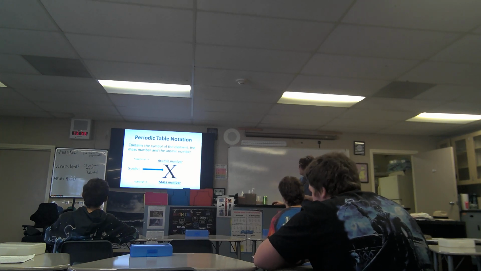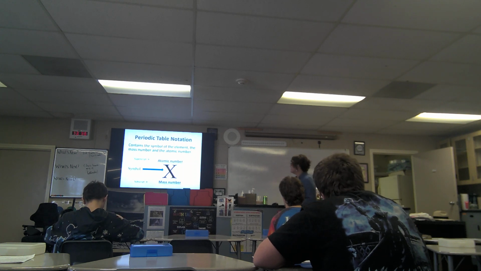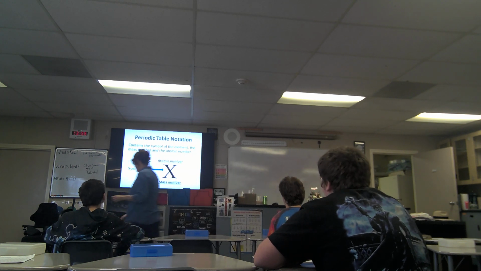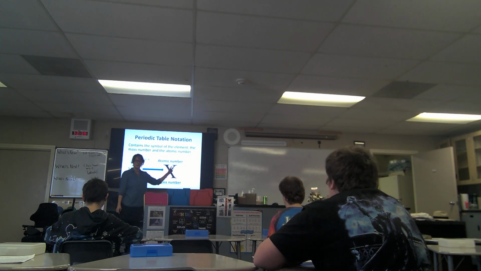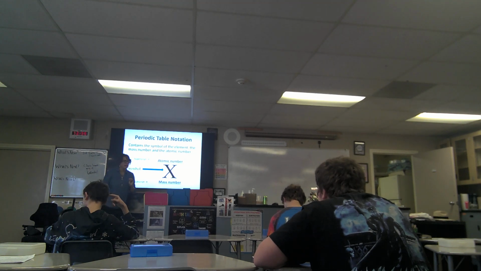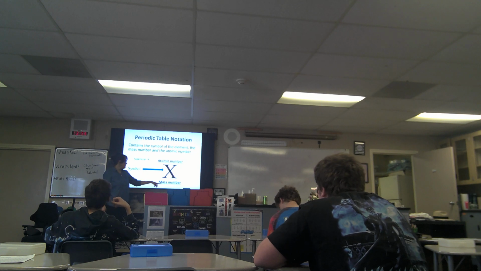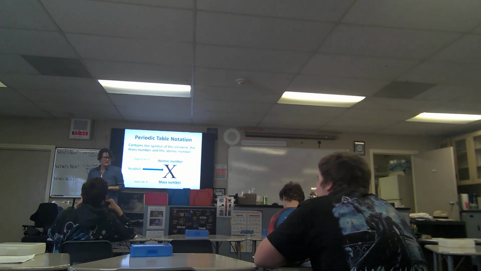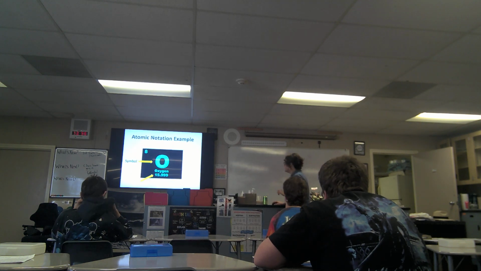So you might remember that on the periodic table, an atom has a unique symbol that represents each different element, right? Each element has a unique symbol. It also has a number on the top that we call the atomic number, and a number on the bottom that we call the mass number, okay? All right.